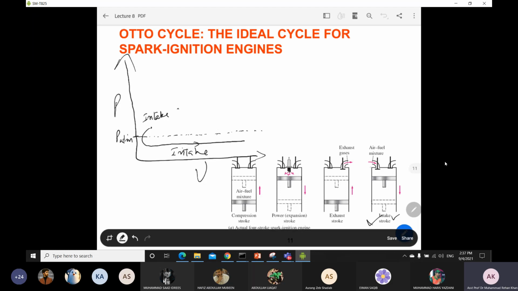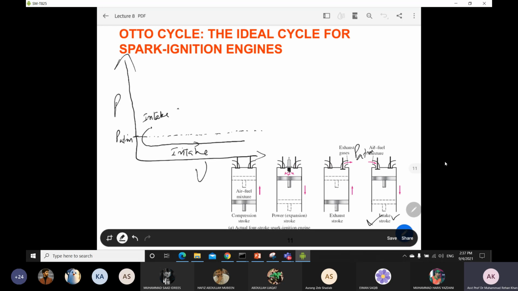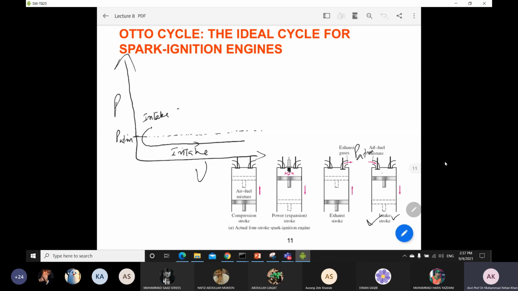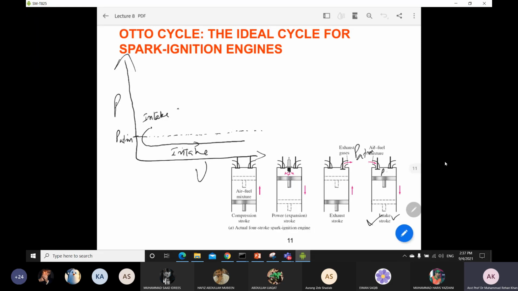Okay, so here the point is that whenever you open the intake valves, the air fuel mixture goes into your cylinder. Outside of your cylinder the pressure will be P atmospheric. But whenever you intake some air fuel mixture, because inside of your cylinder there will be a vacuum, when the intake valve opens, this pressure will be less than your P atmospheric pressure.